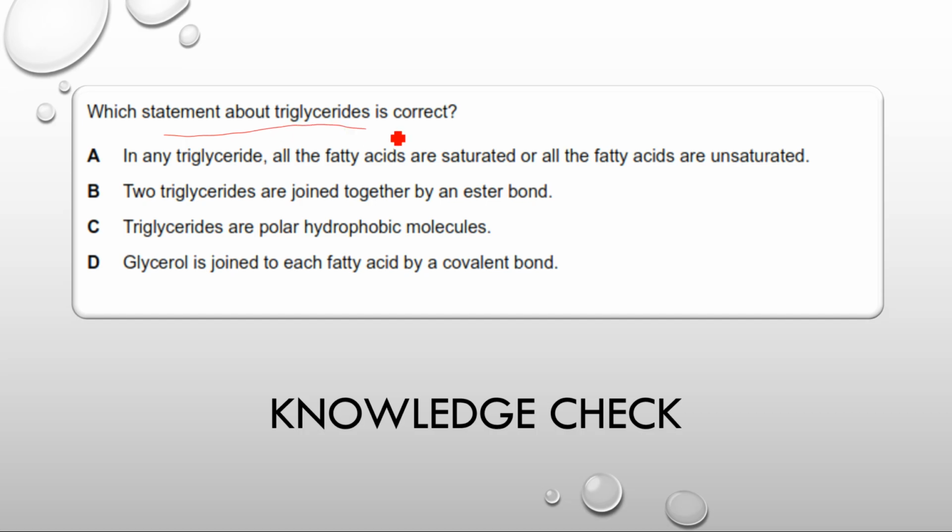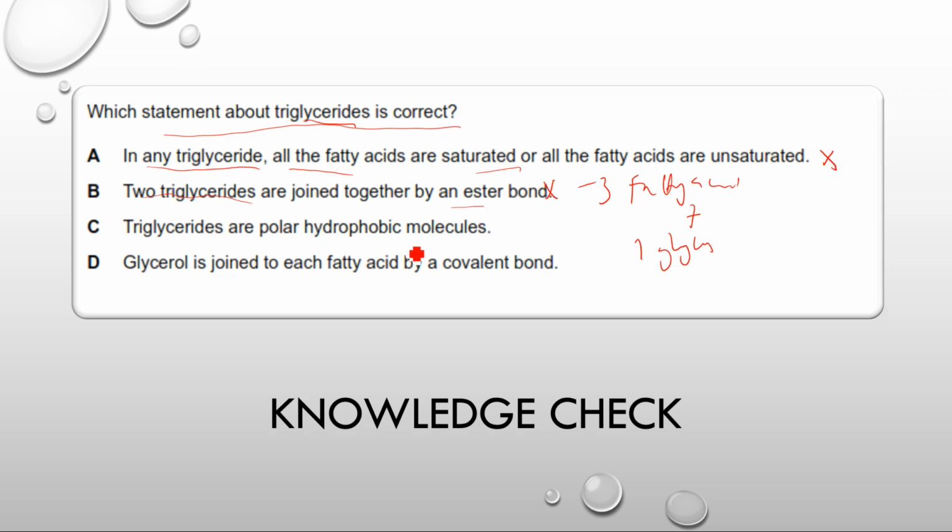Look at this. Which statement about triglyceride is correct? I want to pause it and look at it. In any triglyceride, all the fatty acids are saturated, or all the fatty acids are unsaturated? No, it can be a mixture of them. Two triglycerides are joined together by an ester bond? A triglyceride is three fatty acids joined to one glycerol, so that is wrong.